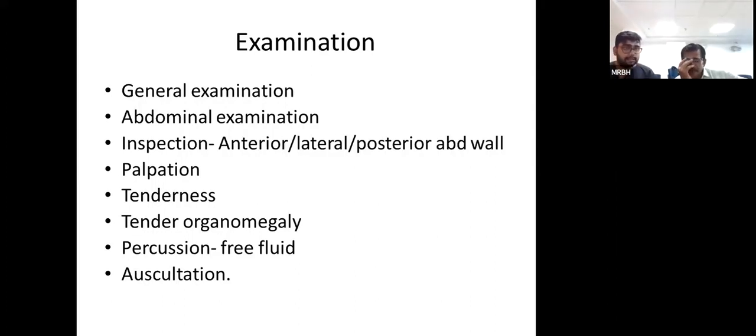What in history may make you feel that this might be a pancreatic injury? Firstly, sir, the location of the impact and the mechanism of trauma. Any trauma to the upper abdomen, like a steering wheel injury. These are the situations where there is an impact in the upper abdomen, and there is a possible pancreatic injury. Number one, as such it is very difficult to diagnose pancreatic injury on clinical exam only.